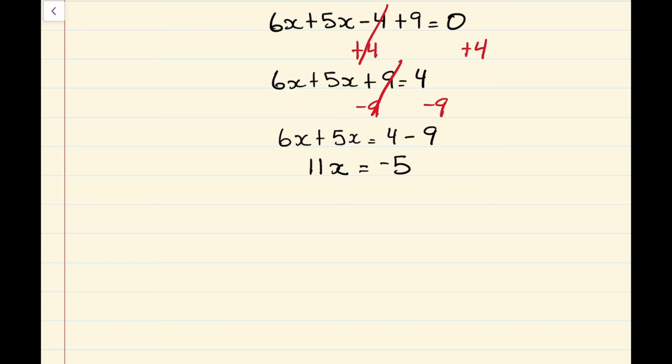So now we would have to get rid of the 11 by dividing on both sides of the equation. And we know that 11 over 11 will cancel out to 1. And 1x is just equal to x. So then x is just equal to negative 5 over 11. And that's basically how to solve that question.